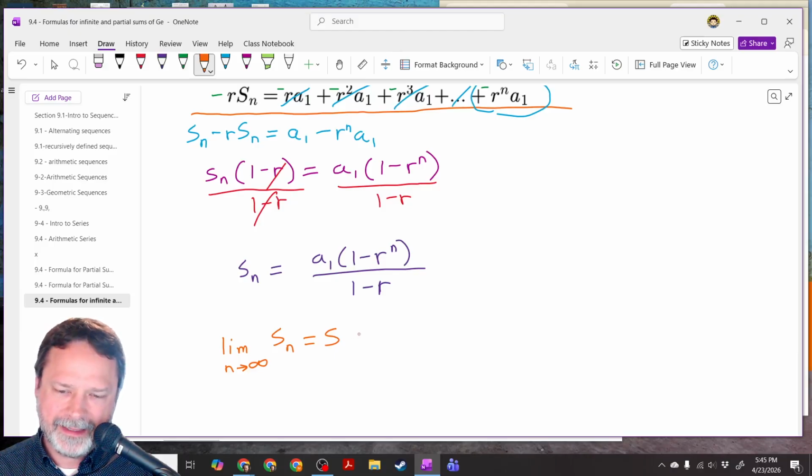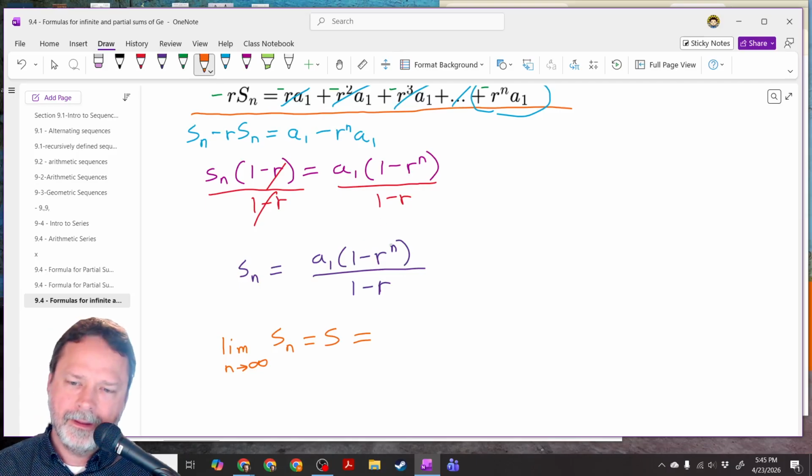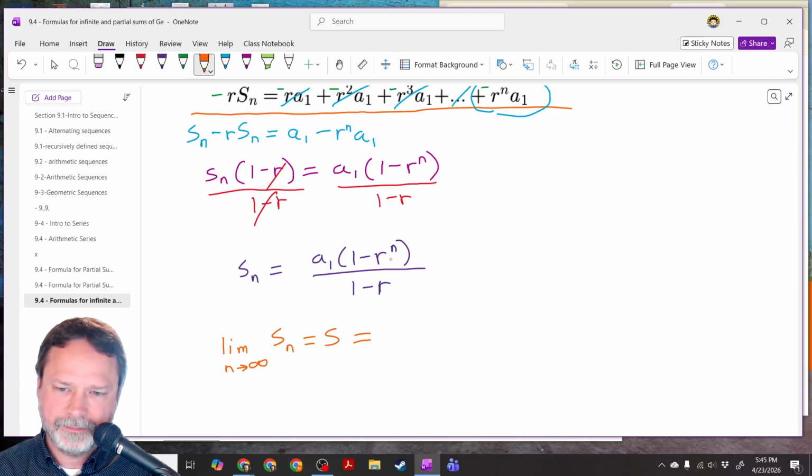And what we'll get is, well, if you think about this, we're going to have an r to the n in our expression. Now, if the absolute value of r is greater than or equal to 1, r to the n is going to approach infinity.